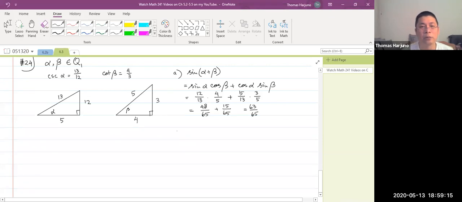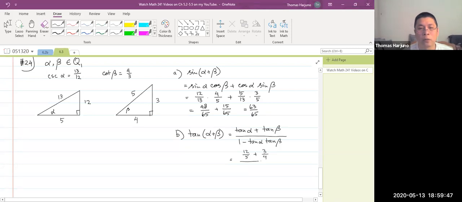That's the exact value. Now how about tangent alpha plus beta? Tangent alpha plus beta is tangent alpha plus tangent beta over 1 minus tangent alpha tangent beta. Tangent alpha is 12 over 5. Tangent beta is 3 over 4. Big fraction: over 1 minus 12 over 5 times 3 over 4.